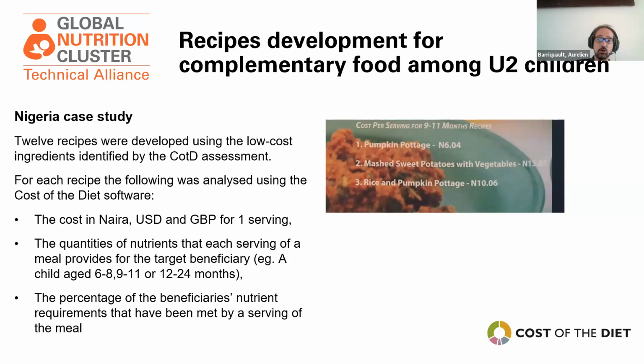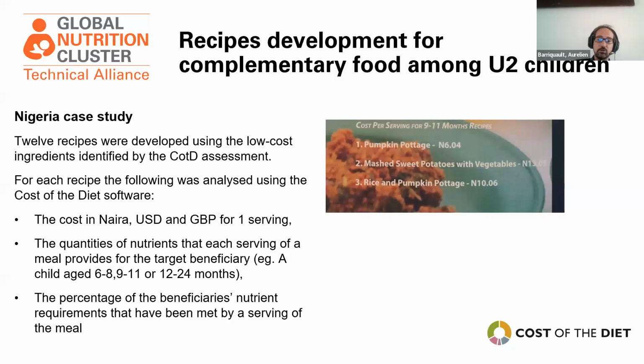And for each recipe, the following was analyzed using the cost of the diet software: the cost in local currency, USD and GBP for one serving; quantities of nutrients that each serving of a meal provides for the target beneficiary. As you know, for the complementary feeding manual, there are different age groups, so there was this disaggregation by child age: 6 to 8, 9 to 11, and 12 to 24 months.